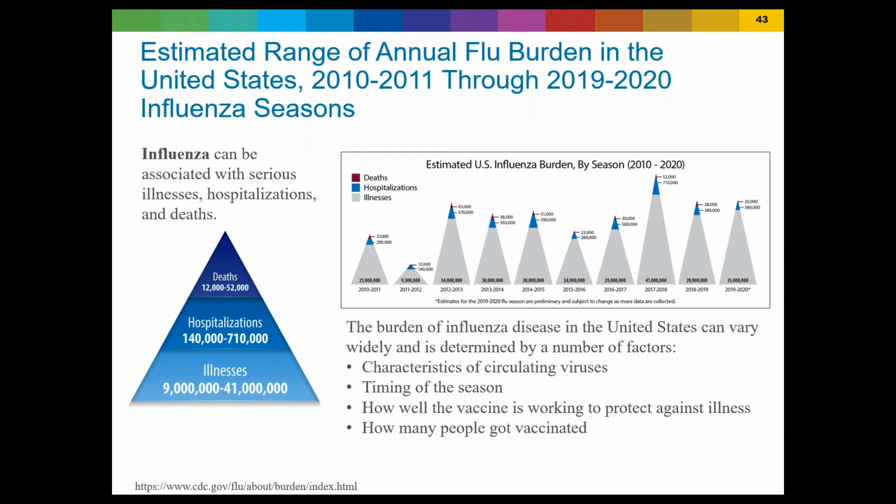So why do we have such a huge variation? As you can see in this top panel on the right, the rates have varied across the ages. The reason being, there are a number of characteristics of the viruses that can determine timing of the season, how well the vaccine is working to protect against these illnesses, and how many people get vaccinated. Next slide.